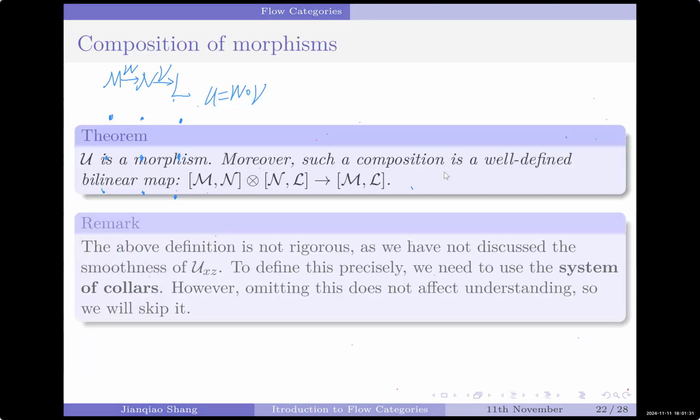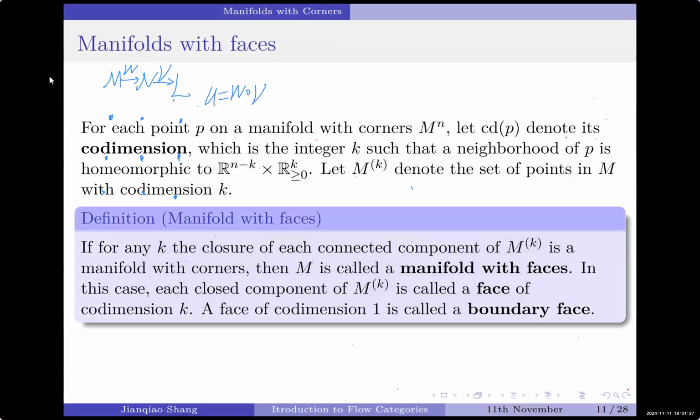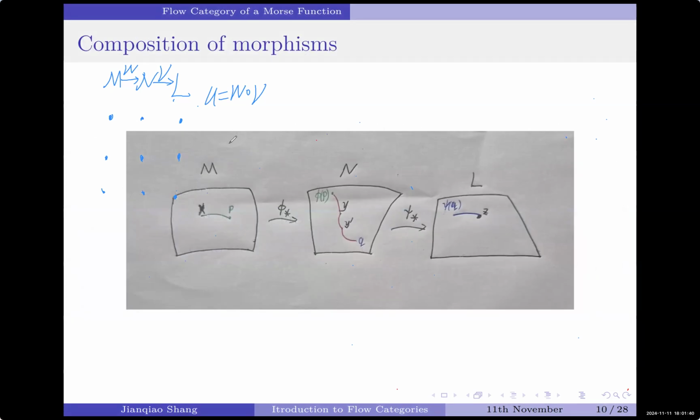But every time I'm confused about the type of the result, in terms of corners, why it has the same type as W and V. Sorry, you said that it has the same type as W and V. So you mean that U is a manifold with faces, or does it rely on the properties?